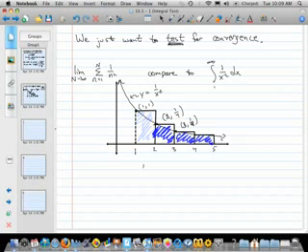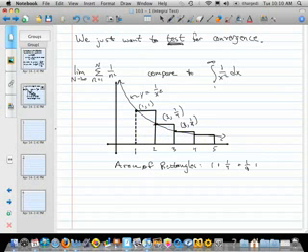So the area of the rectangles is going to be 1 plus 1/4 plus 1/9 plus 1/16 plus dot dot dot. This is our sequence.